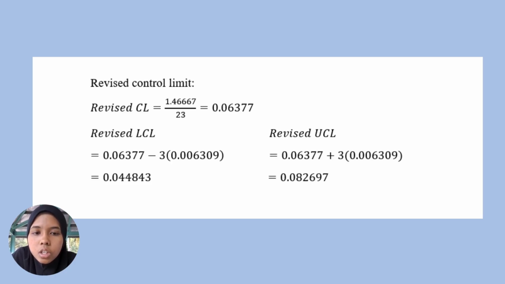For the revised lower control limit, it is equal to 0.06377 minus 3 times 0.006309, which is equal to 0.044843. For the upper control limit, it is equal to 0.06377 plus 3 times 0.006309, which is equal to 0.0826697.